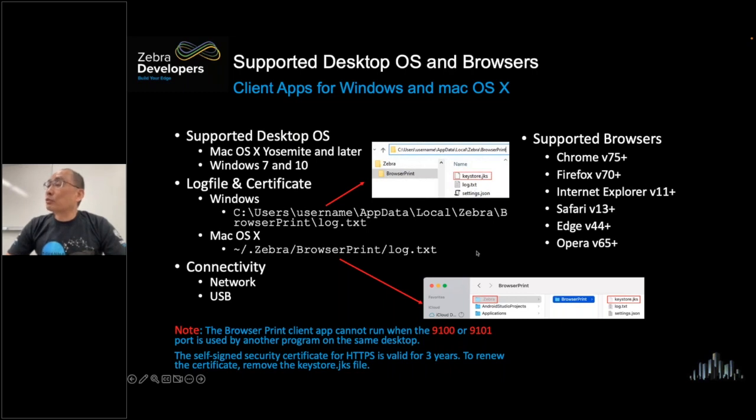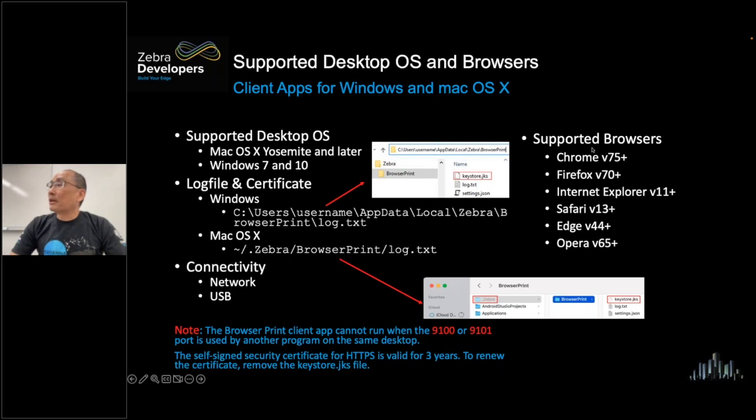For the basic requirements for running the client app on your local computer, you need to ensure ports 9100 and 9101 are not used by any other apps, because those two ports will be used by the client application on Mac and on Windows.